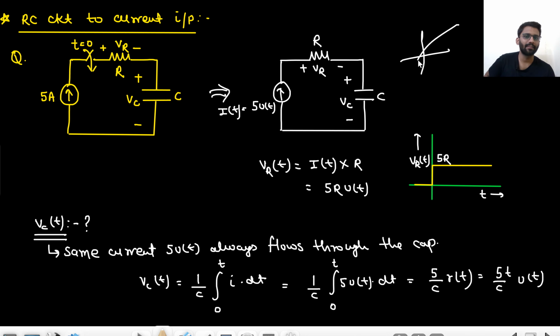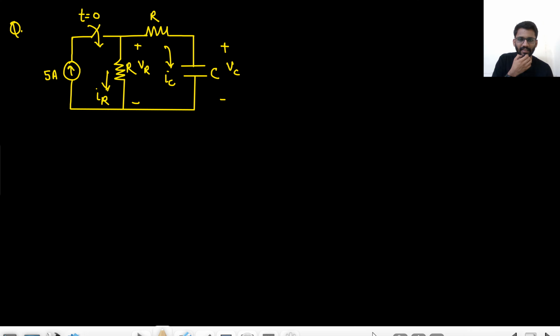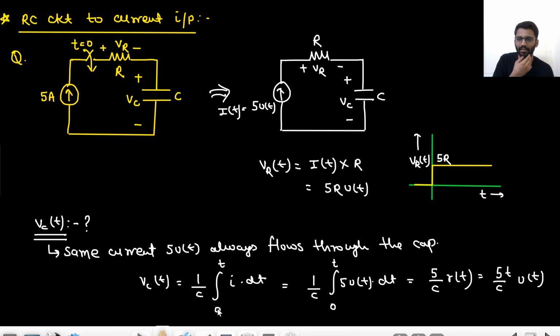So basically it is this graph only, but not defined for t less than 0, always defined for t greater than 0, right? So what will be your VC(t)? There is no space, so I guess I can make the graph of VC(t) here only.